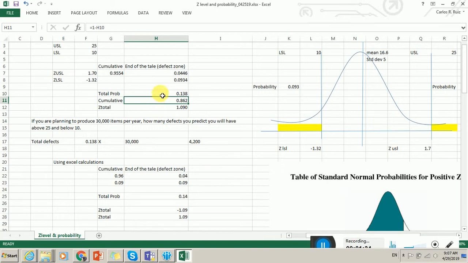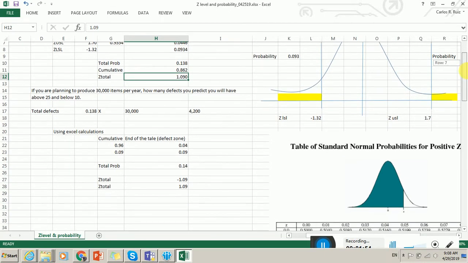So what is this total z level? Just like I did before, and knowing that the table is going to give me the opposite side, I do 1 minus that number, and that gives me 0.862.